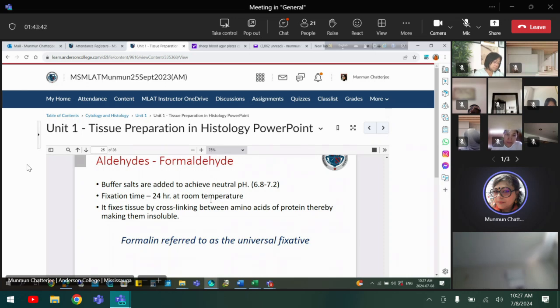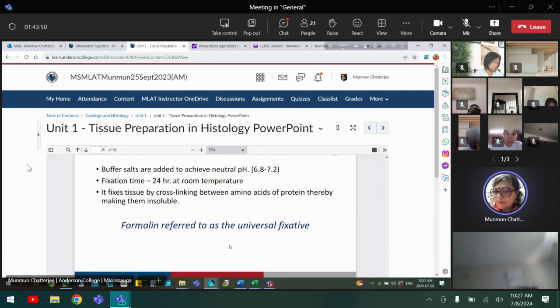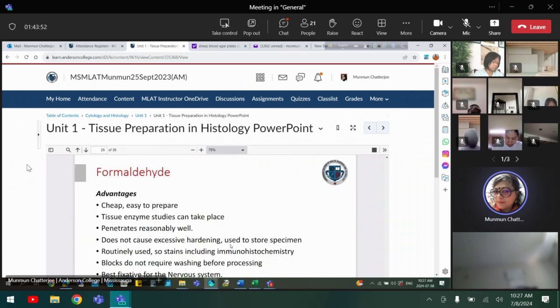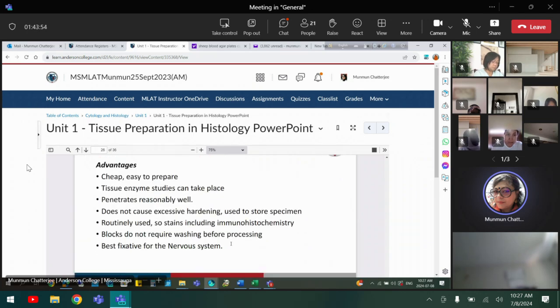Formalin is referred to as the universal fixative because it's the most common fixative. So what is the advantage? Cheap, easy to prepare, tissue enzyme studies can take place, penetrates reasonably well, does not cause excessive hardening, used to store specimens.